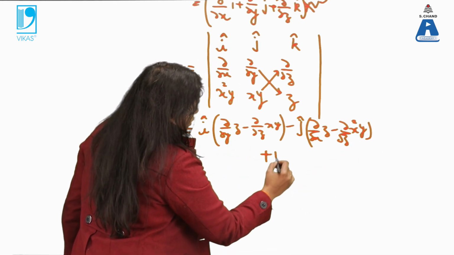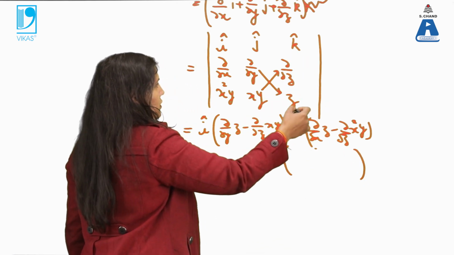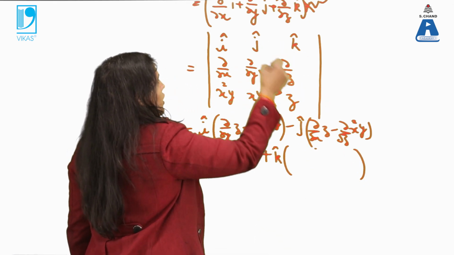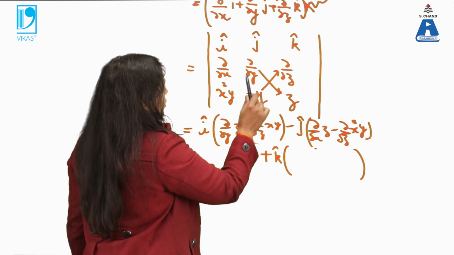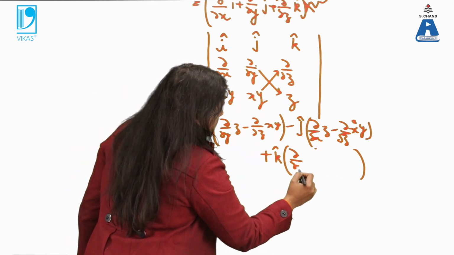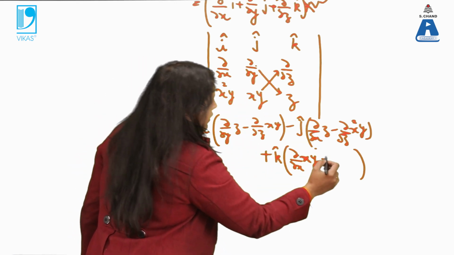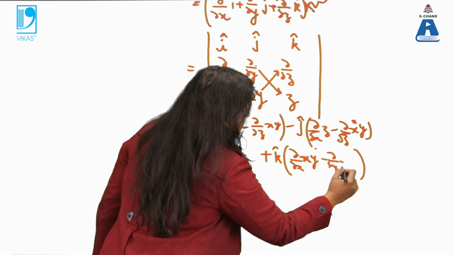Then plus k component. For the k component, you leave this row and this column. So now the k component will be del by del x of xy minus del by del y of x square y.